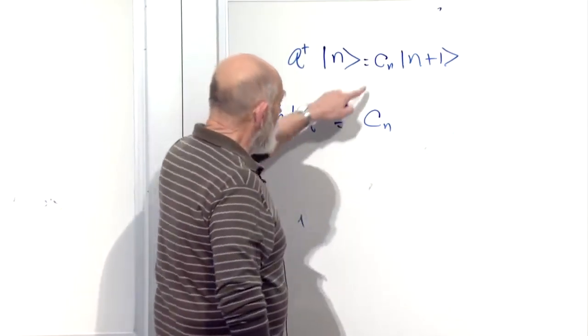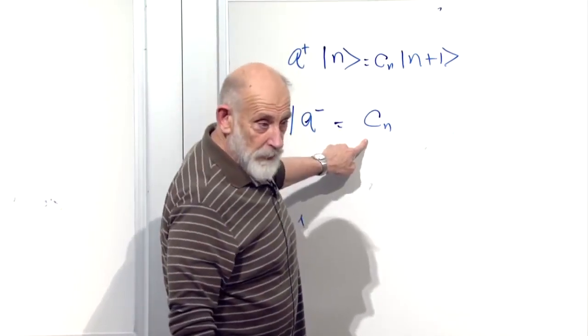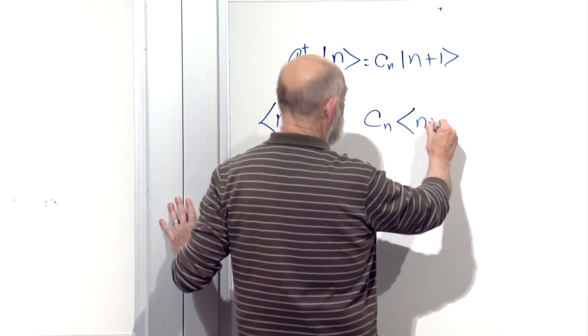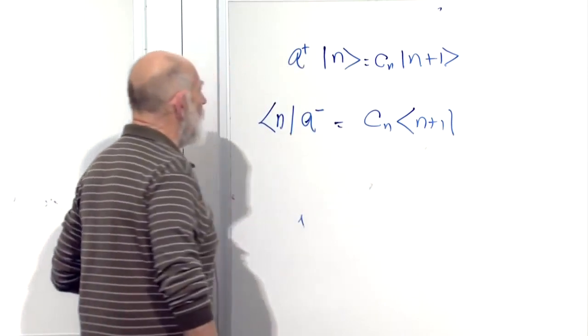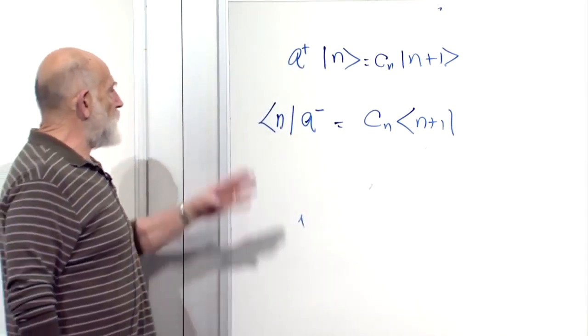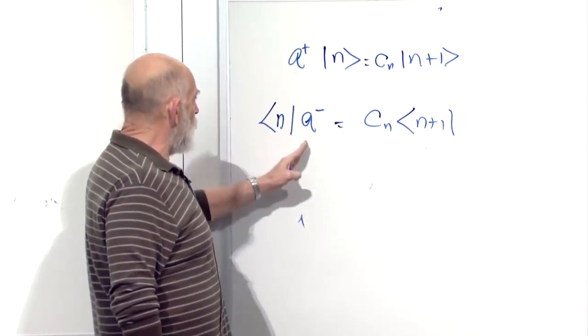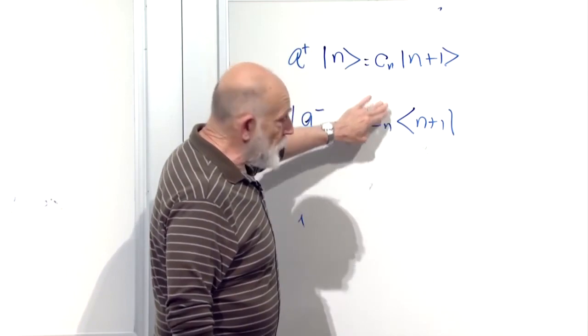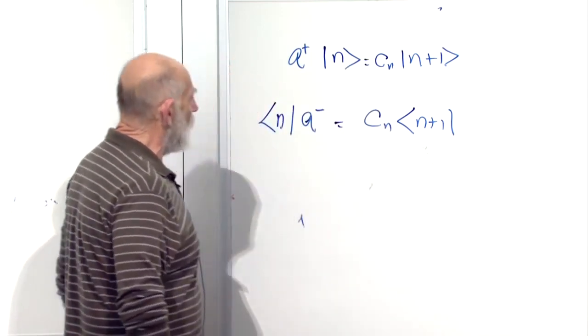If it wasn't real, then we would want to complex conjugate it. But we can choose it to be real, and then n plus 1. That's the exact same equation, except kets go to bras, operators go to their Hermitian conjugate, and numbers go to their complex conjugate, but I'm taking C to be equal to a real number.